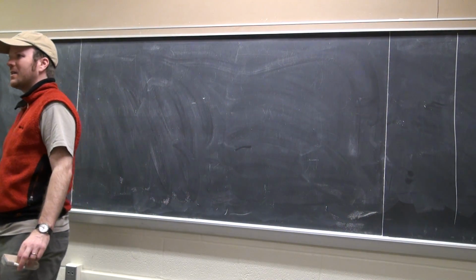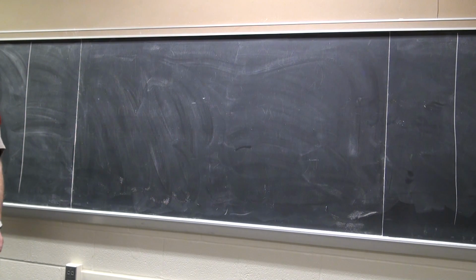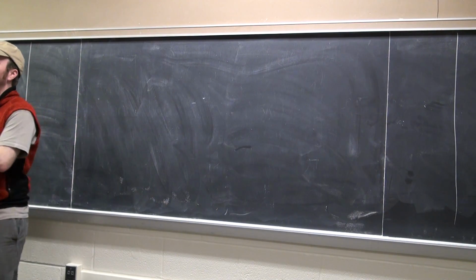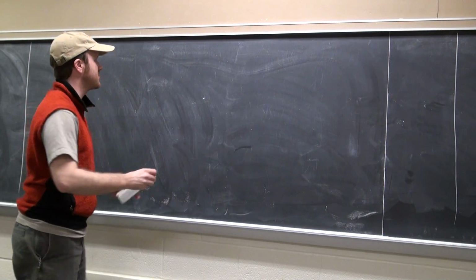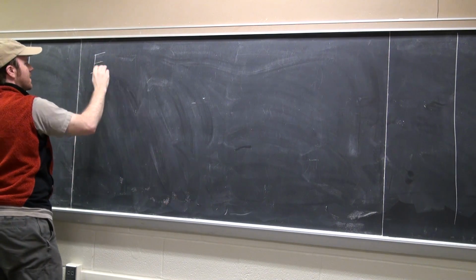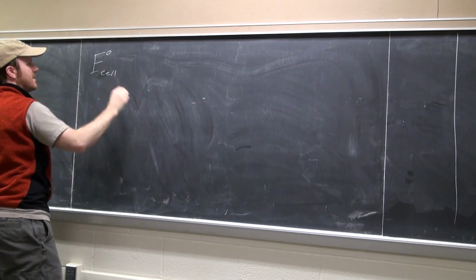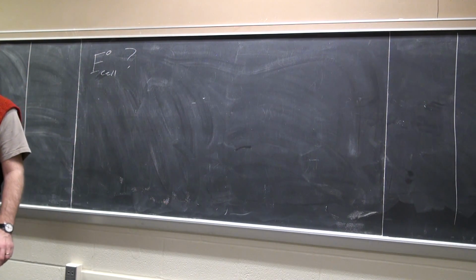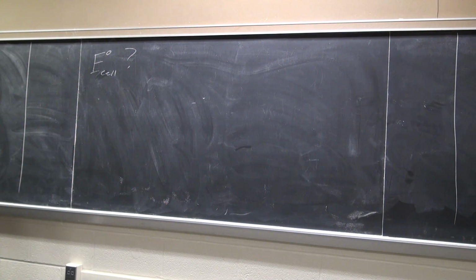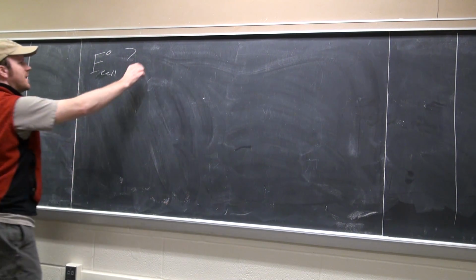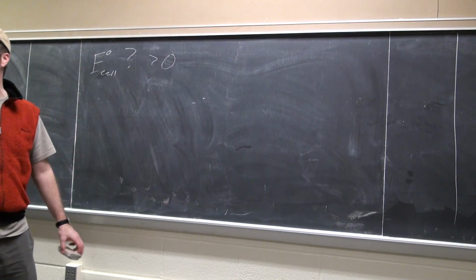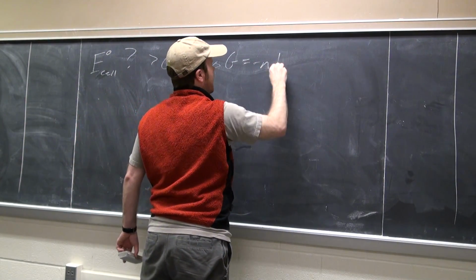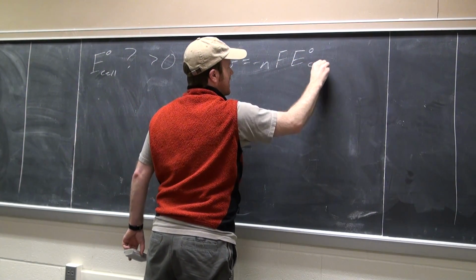Also, if I give you two metals, say copper and silver, and I say, which way is the reaction going to go? How do you tell from the E0 cell? So if I give you E0 cell, how do you tell if that's going to happen or not? If E cell is greater than 0, then delta G is negative nF E0 cell.